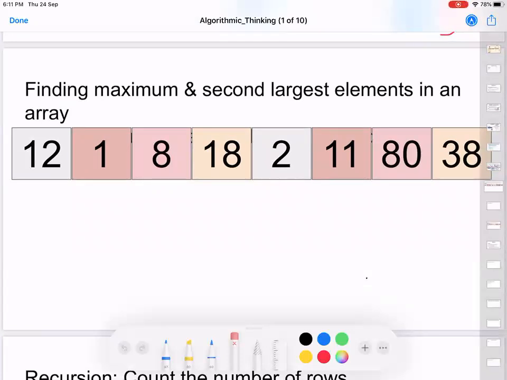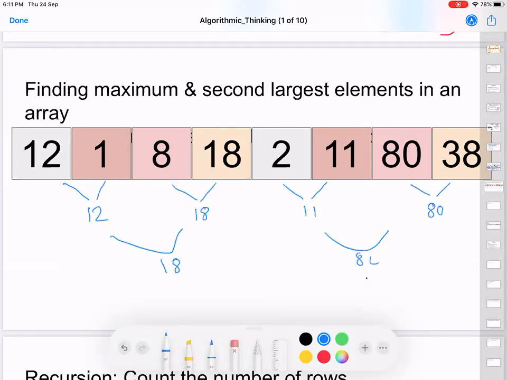You know that while finding the maximum element the tournament way, you have seen the maximum of these two elements, which was 12, maximum of these two, which was 18, then maximum of these two, which was 11 and 80, right? And then we looked at the maximum of these two, maximum of these two, and then the maximum of these two. So I got my largest element here.